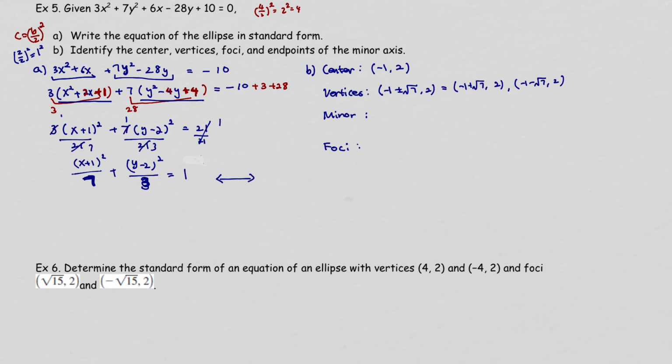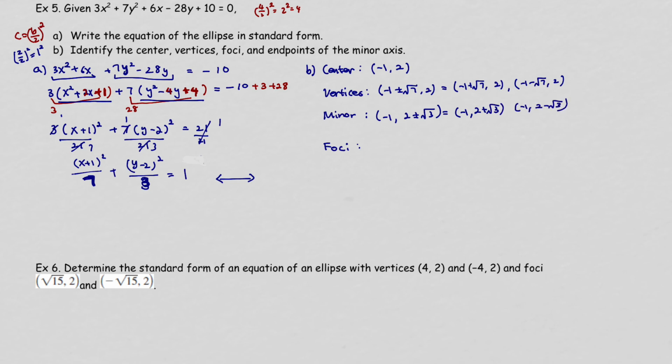And then you're going to add plus minus square root of 3 to the y values for the minor axis. So that gives you negative 1, 2 plus square root of 3, negative 1 with 2 minus square root of 3.